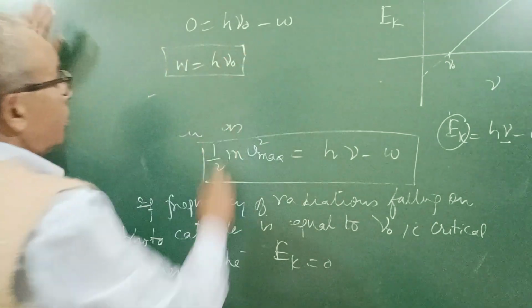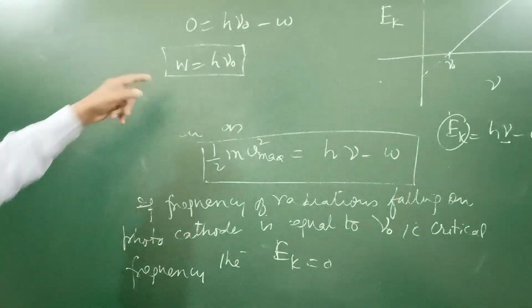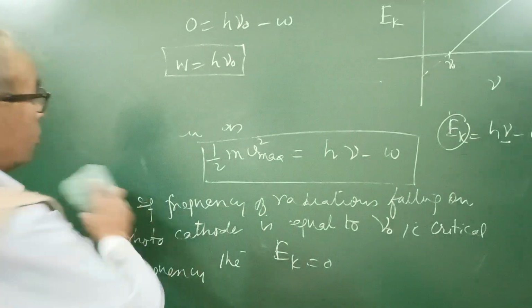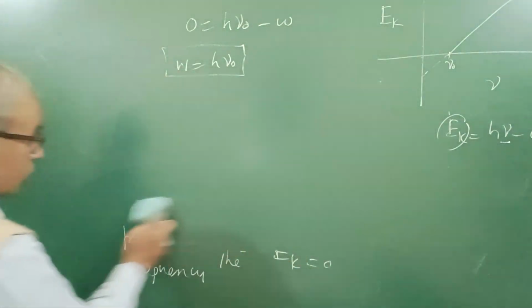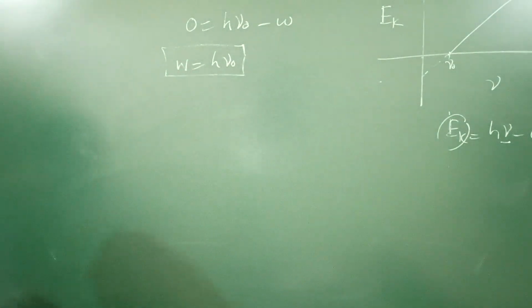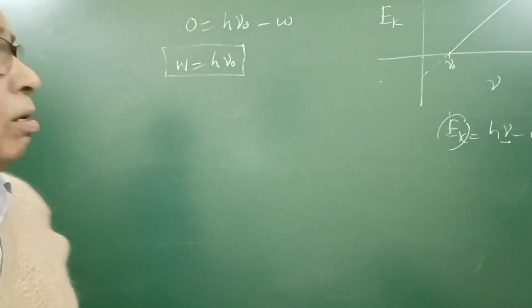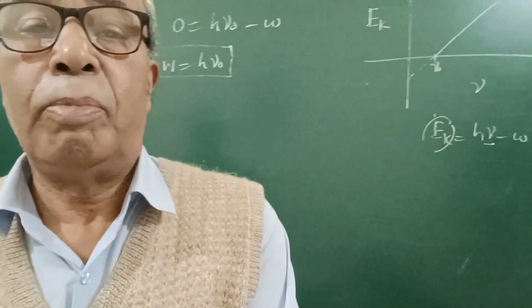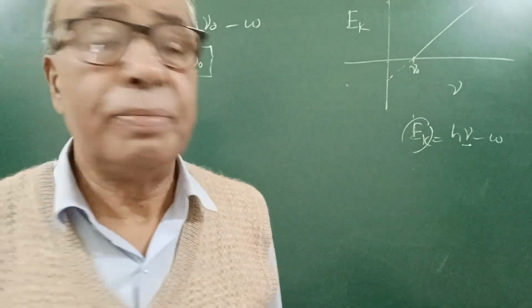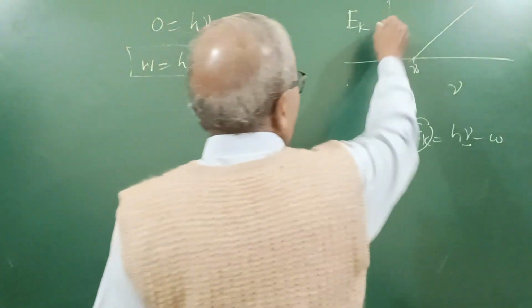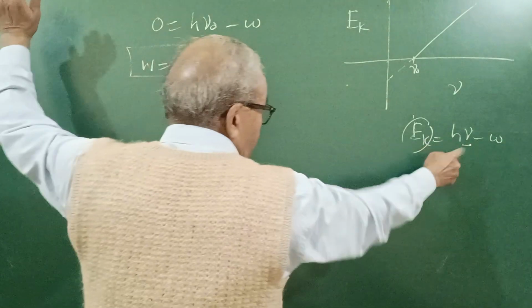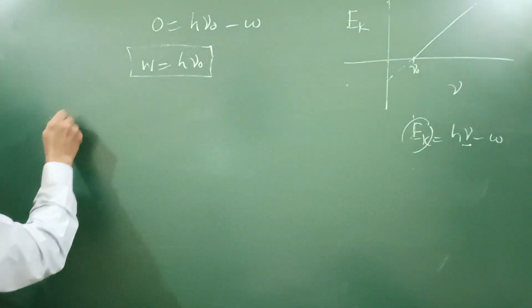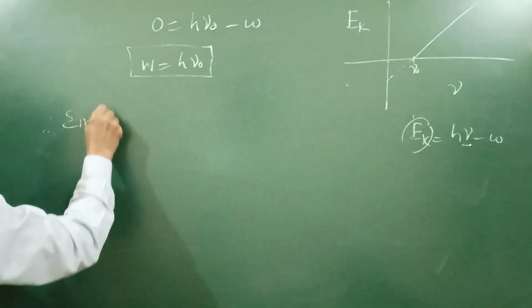And therefore, if we know the work function of a metal, we can find out the critical frequency. Or conversely, if we know the critical frequency, we can tell about the work function. This graph actually is very important. I will discuss it further.